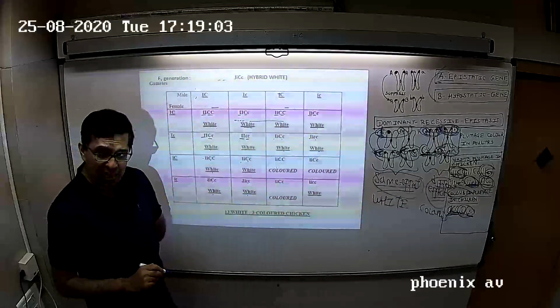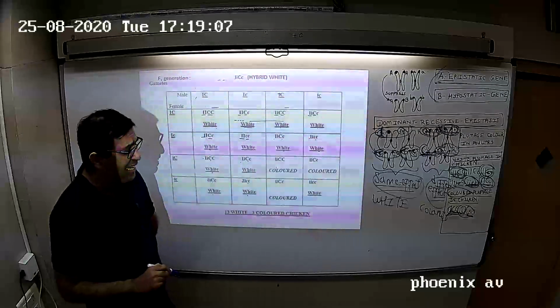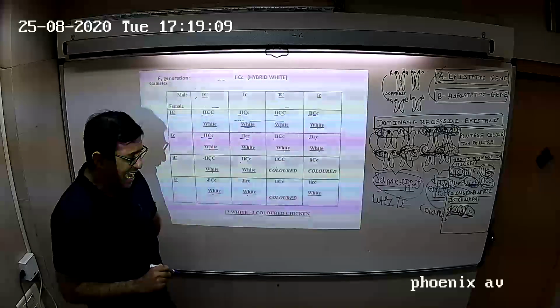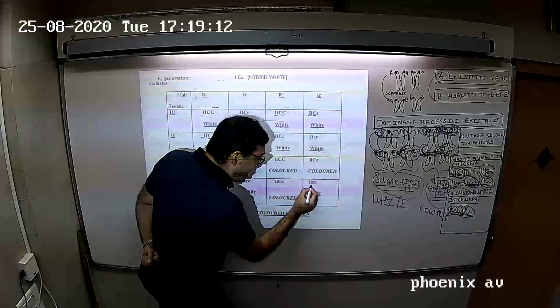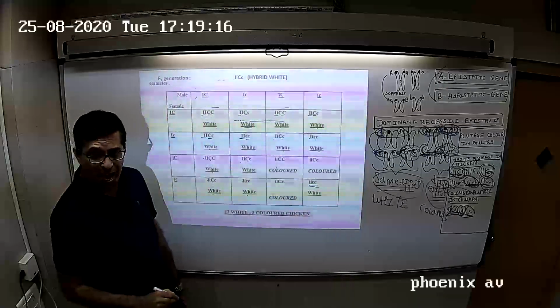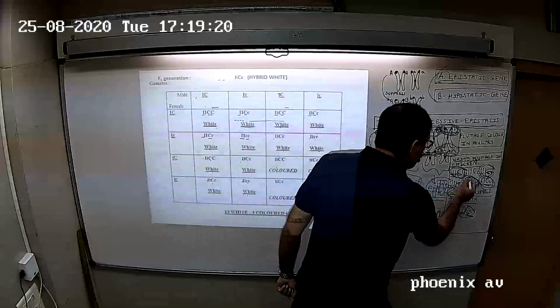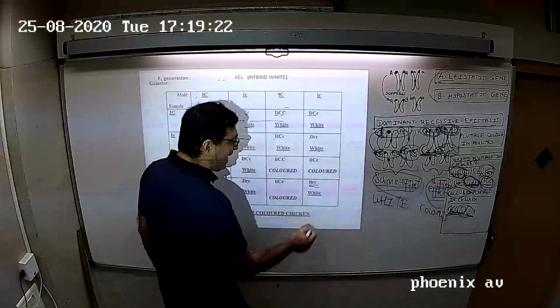Capital I, small c will also produce white. And check this here, small i, small i, small c, small c will also produce white.